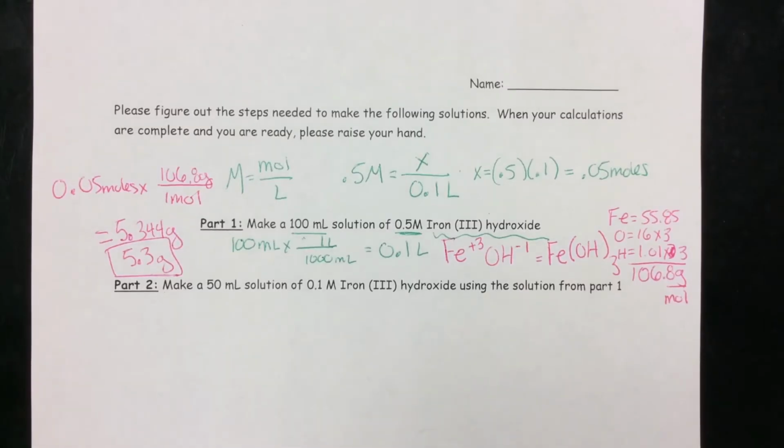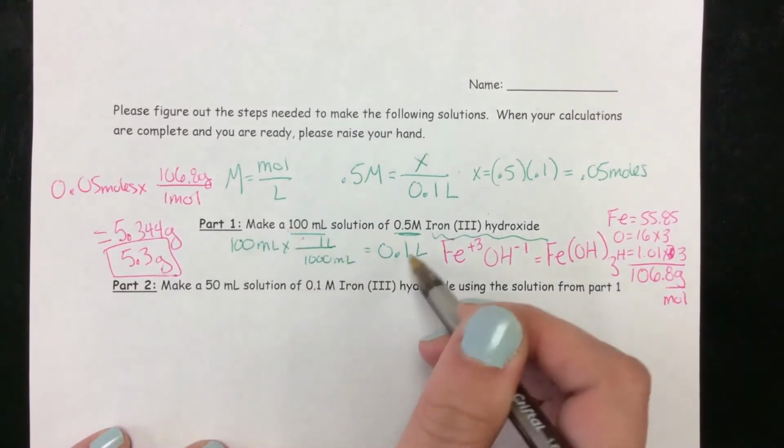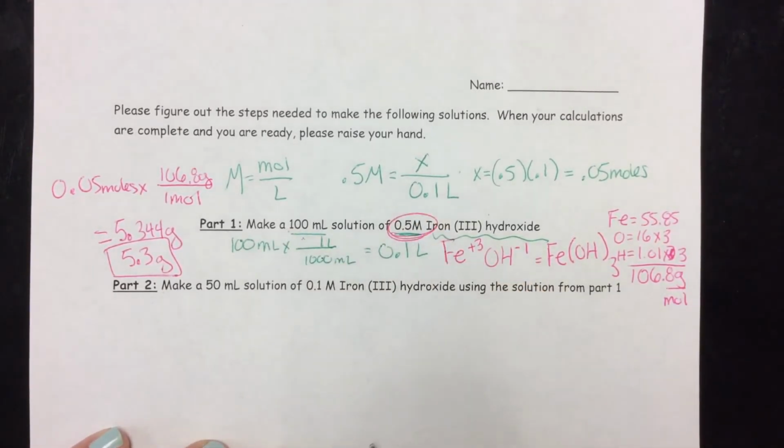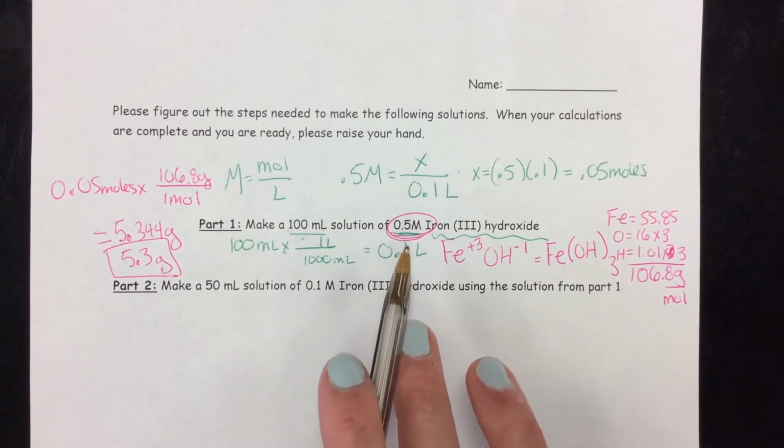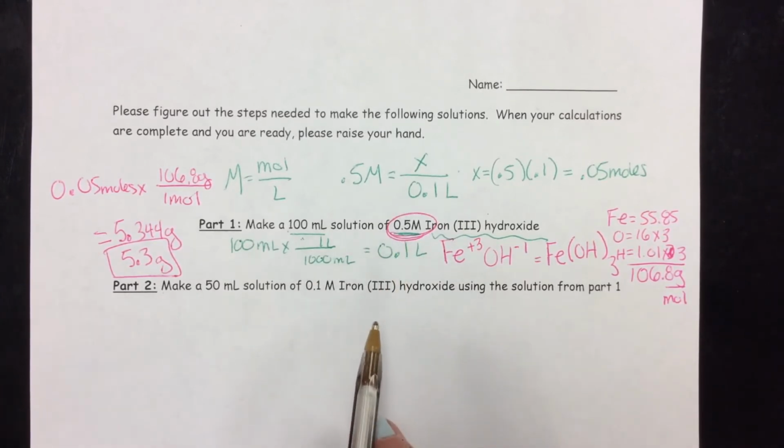For part 2, the only information you really need from the problem above is the molarity. Because this is the solution molarity you've made, and you're going to take some part of that to dilute.